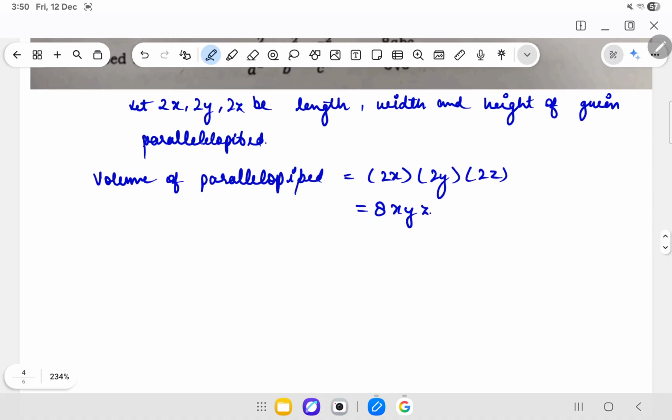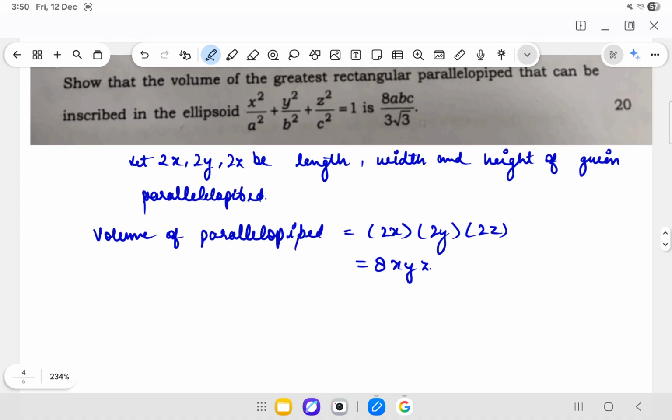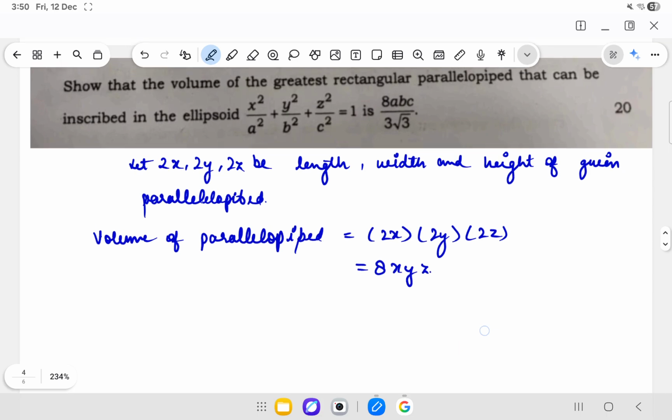Now this question is basically based on Lagrange's multiplier method. This is not technically a question of linear real analysis, it is a question of calculus, but since it's asked in paper 2, we'll discuss it here.